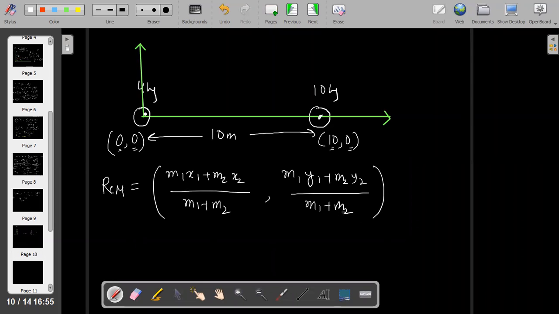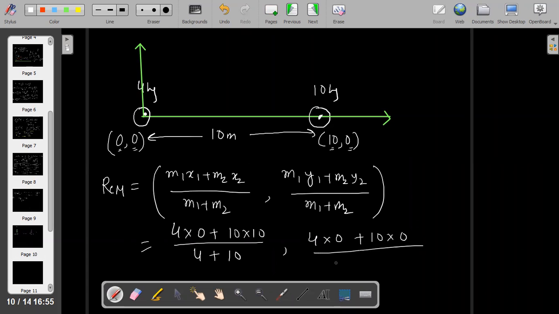And we know that the center of mass will lie nearer the bigger mass. Let's see whether you get that or not. Put in the formula: m1 is 4 kg, x1 is 0, m2 is 10 kg, x2 is 10. For y, m1 is 4 kg, y1 is 0, m2 is 10 kg, y2 is 0, divided by m1 plus m2.